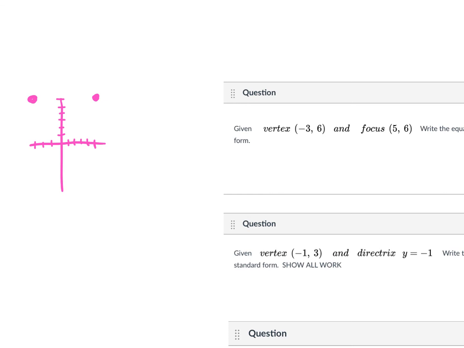So which way does our parabola open? Up, down, left, right? If this is our vertex and this is our focus, it opens to the right, because your parabola is like a little bowl that holds the focus in the middle of it.